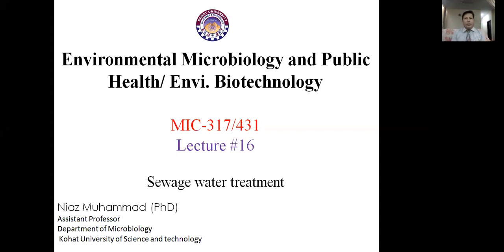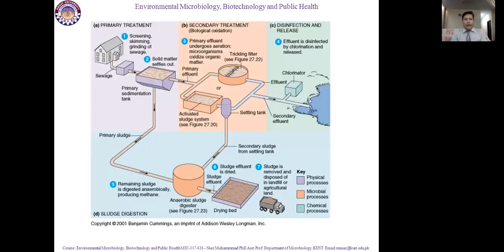The second step is biological treatment, removal of organic material by decomposition of organic material through microorganisms. And the third step is removal of microorganisms by chemical treatment, and then we can dispose of it into the environment. Let me see over here.